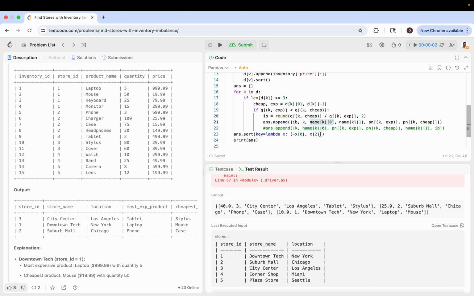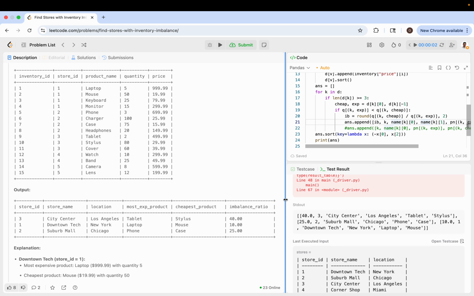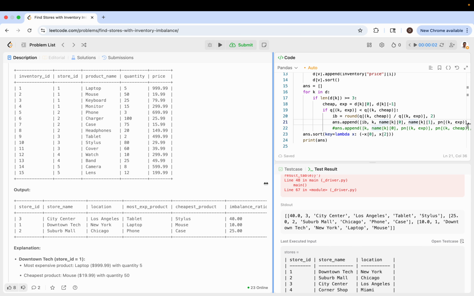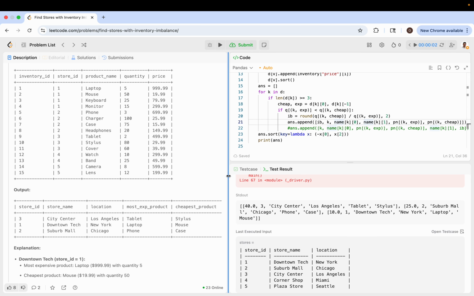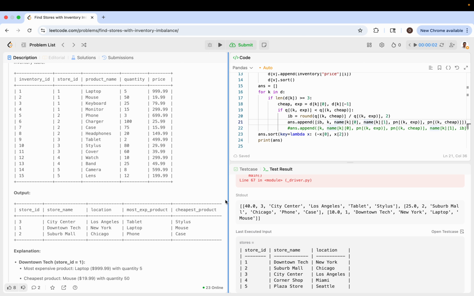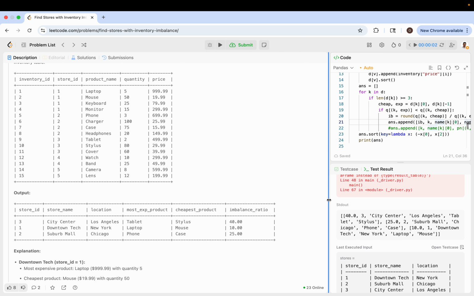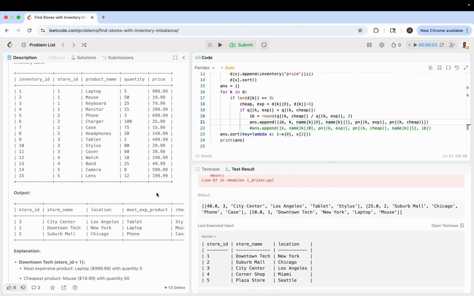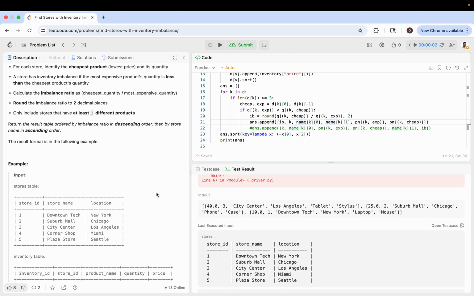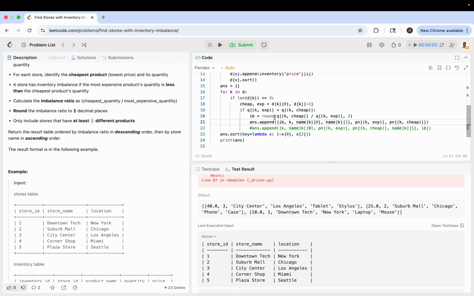Why is this not sorting how I want it to sort? Please cooperate. Imbalance ratio. Yep, imbalance ratio. And then by the name. What the heck? Yep, imbalance ratio is rounded.